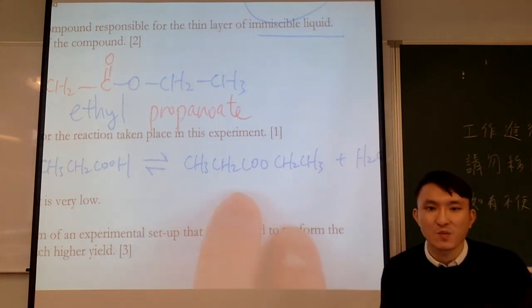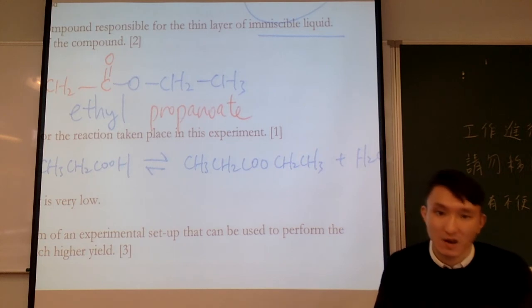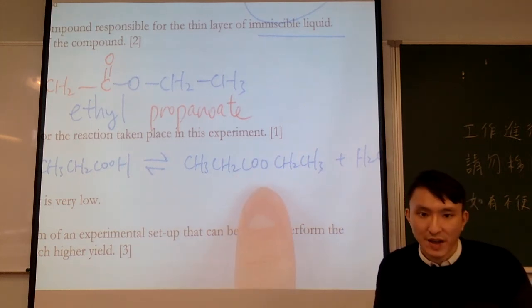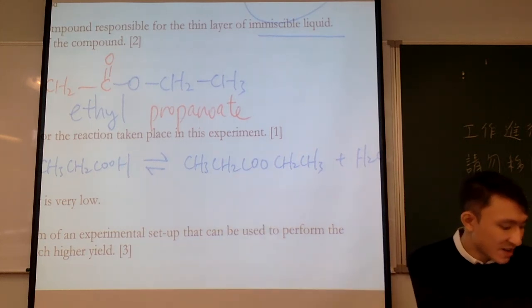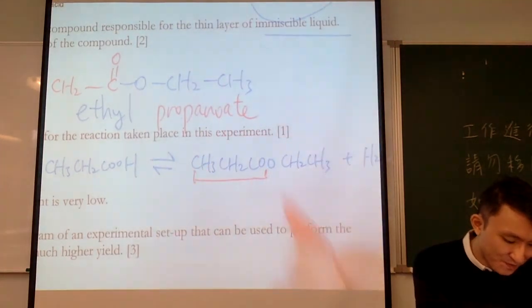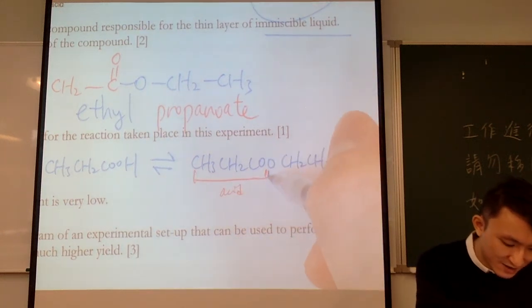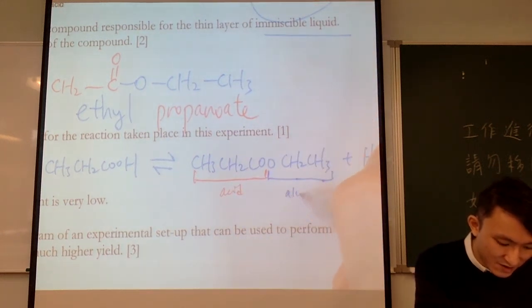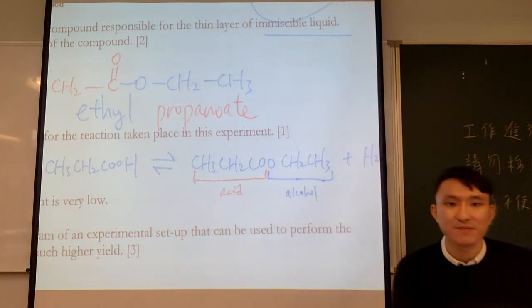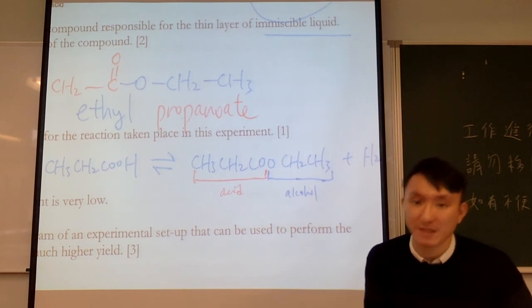This is how we show the condensed structural formula of an ester, COO. Do bear in mind this part is the acid, and this part is the alcohol. So make sure you know how to interpret these different representations.